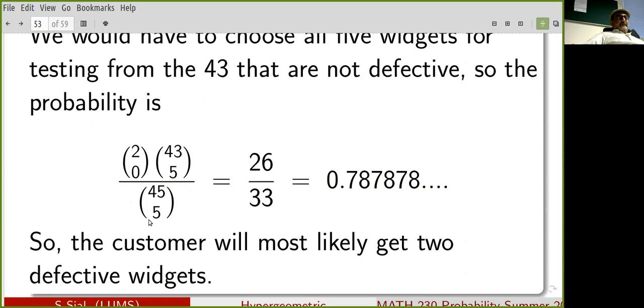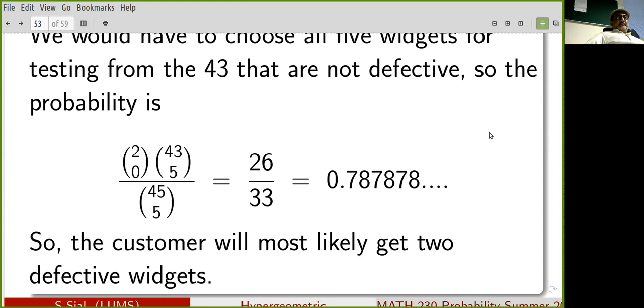There are 45 choose 5 ways of choosing the widgets. That gives us 26 out of 33, which is like 78%, 79%. So the customer has a better than 50% chance of getting 2 defective widgets with this policy.